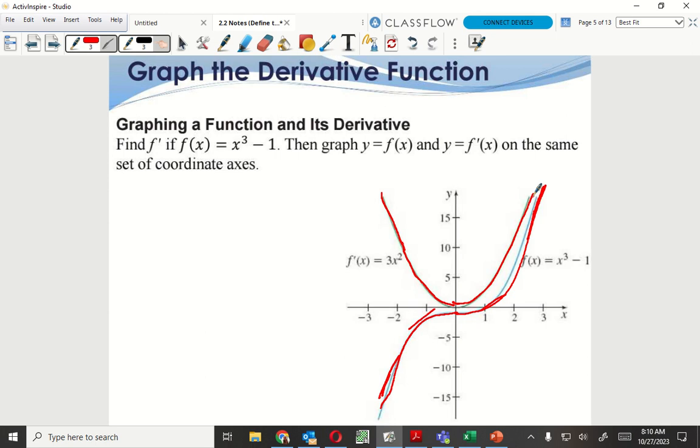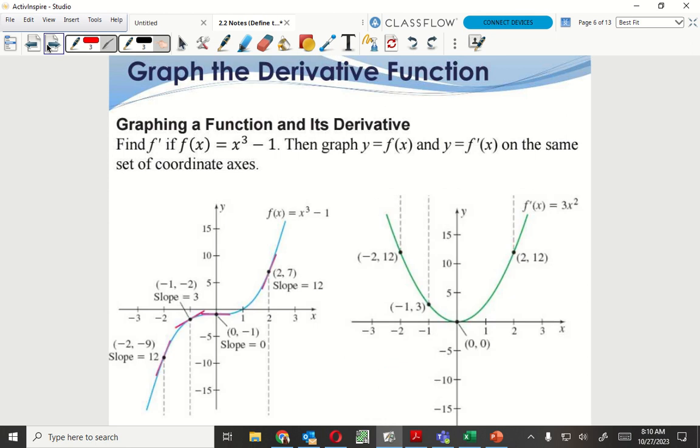All right, so when we start going through and practicing with this, again, on the next slide here, you can see, look, there is a slope of 3. There's a slope of 12. There's a slope of 0. A slope of 12. So over here, at -2, my slope was 12, so the y value over here is 12.